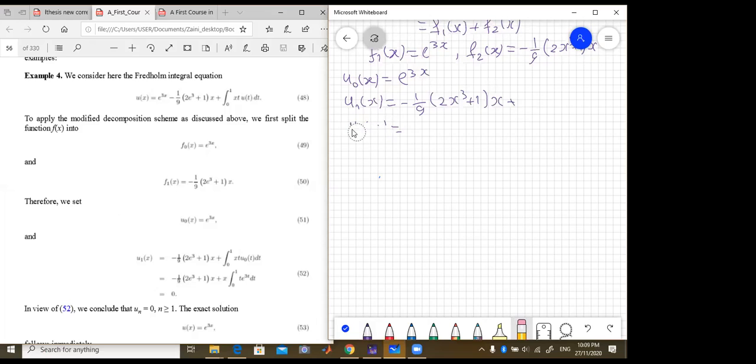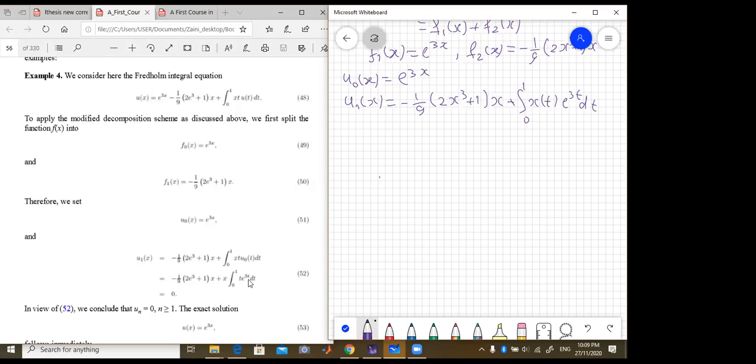The u1 is f2 plus lambda, in our case 1, times the integral from 0 to 1 of x t u0(t). So u0 is e^(3t) dt, correct?